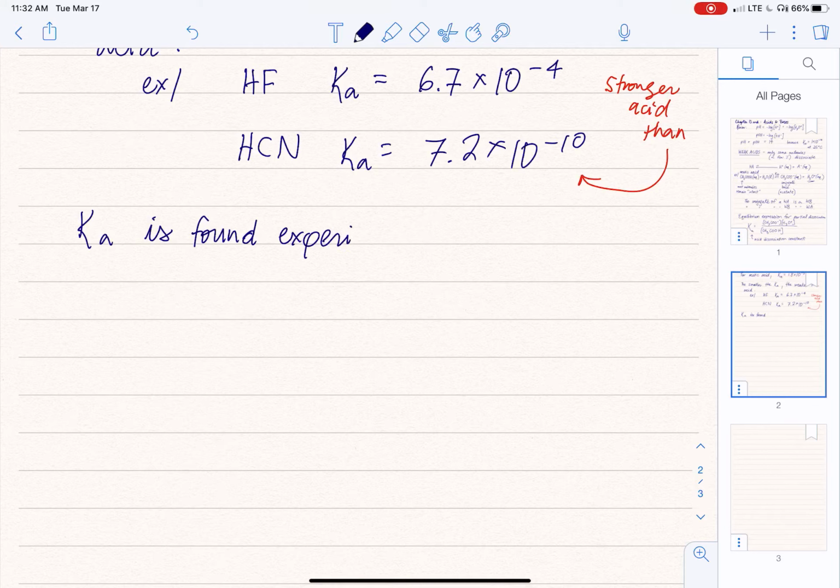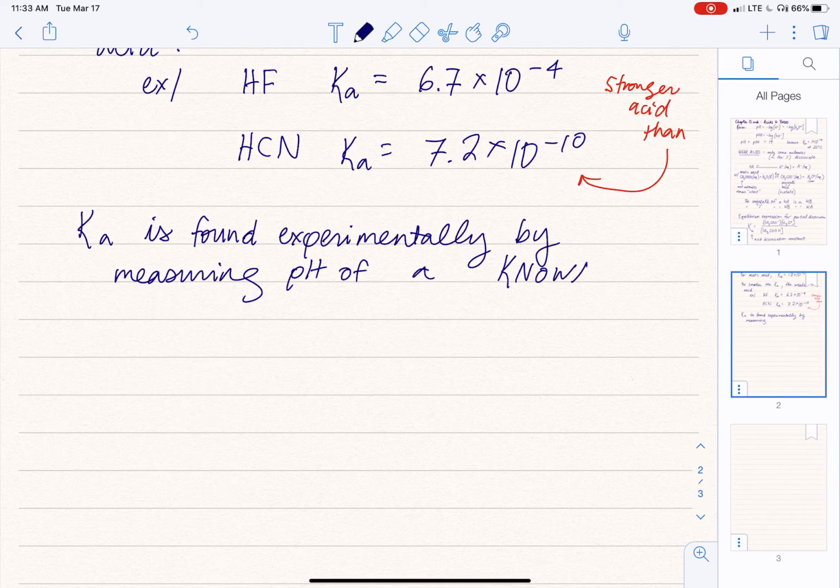So we find Ka experimentally by just measuring the pH of a known concentration of a given weak acid. So I'm going to do some calculations now that show you how we figure out the Ka. Let me give you an example of that.